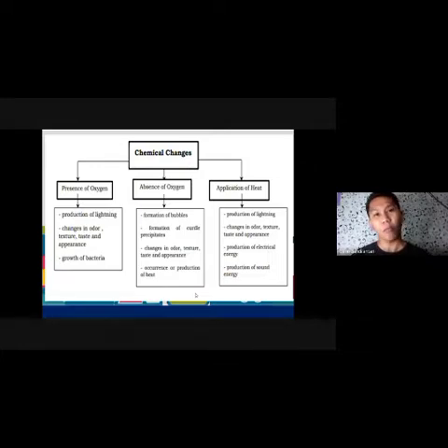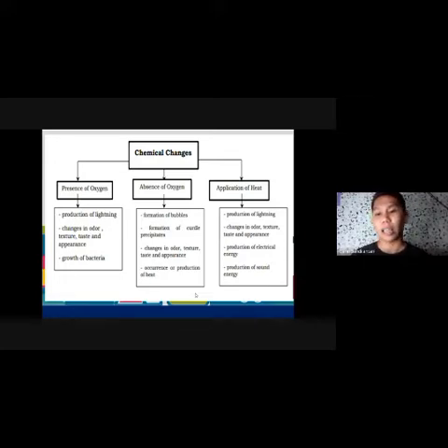So for example, in our lesson one, an example of chemical change that we all know is the rusting of iron. Because if there's a rust in the iron, the nail cannot be returned to its original phase of matter.